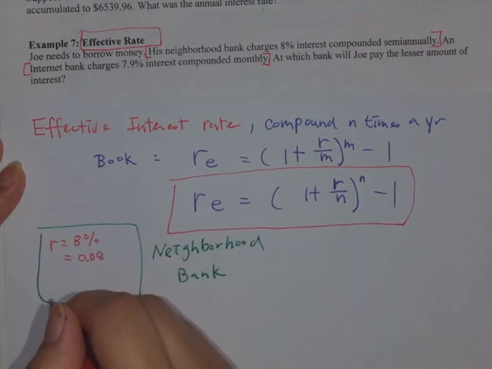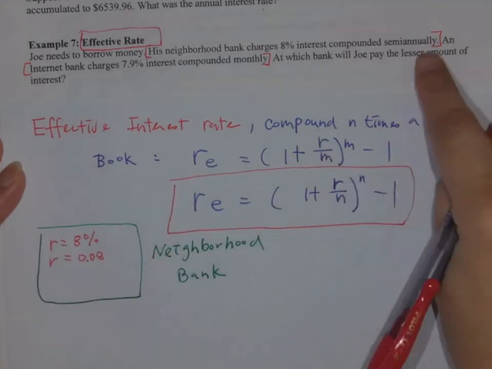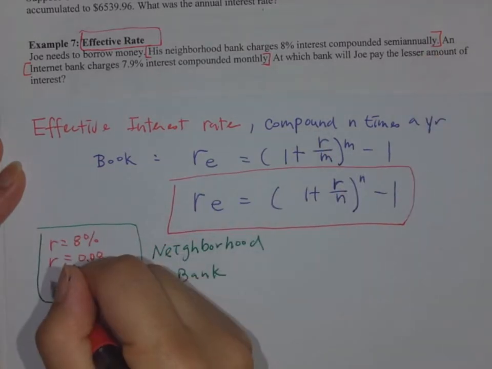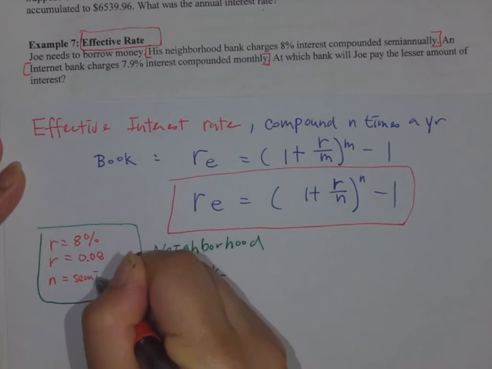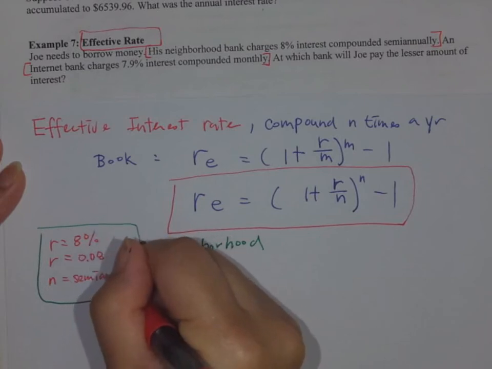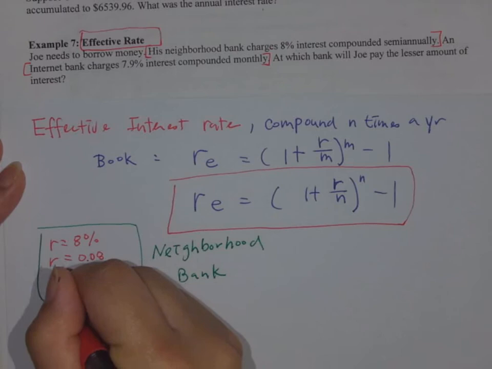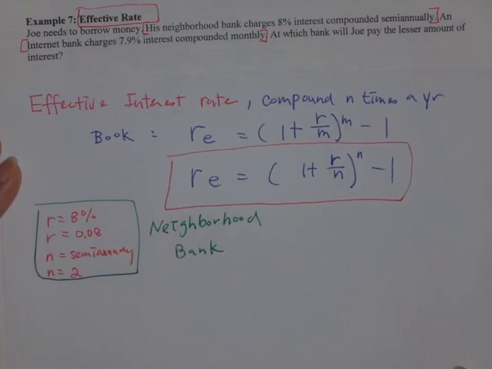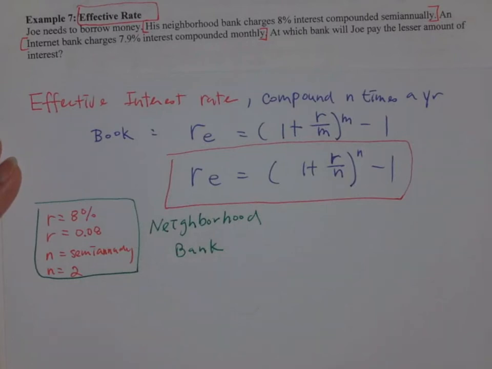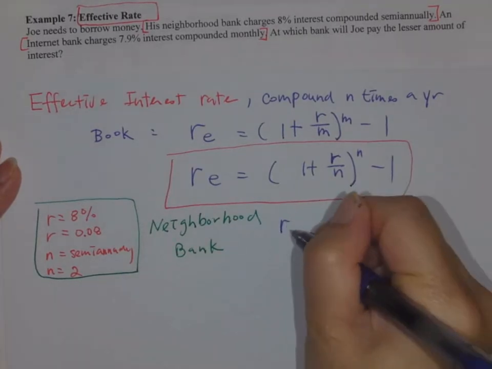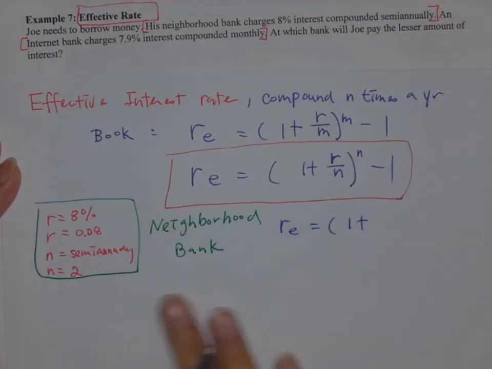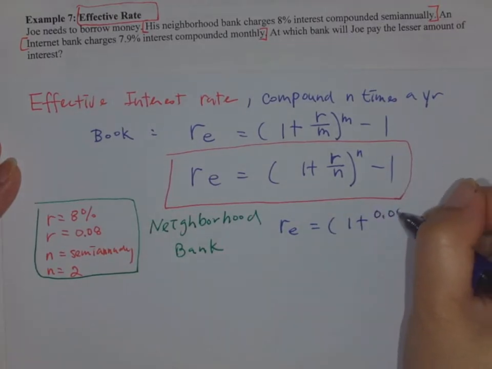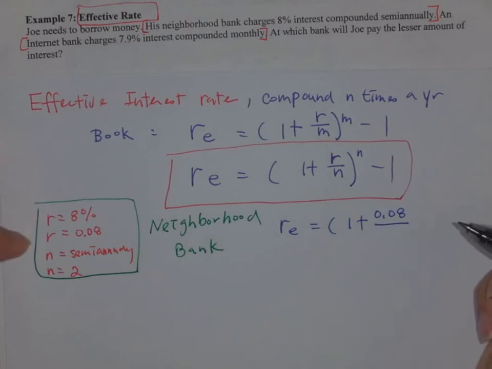It's going to be compounded semi-annually, so n is semi-annually, which means n equals 2 times a year. Are we okay? So for this one, we are going to have r_e equal to 1 plus my r, which is 0.08, over my n, which is 2, raised to n, which is 2 here, minus 1.